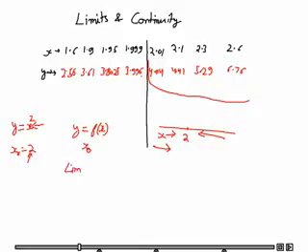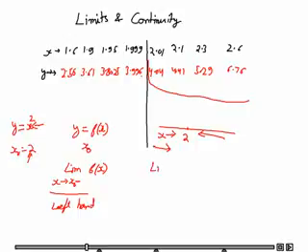The left hand limit is denoted by limit of f of x as x tends to x0 minus. Likewise, the limit of f of x as x tends to x0 plus is called the right hand limit, which implies that the values of x approach x0 through values greater than x0.